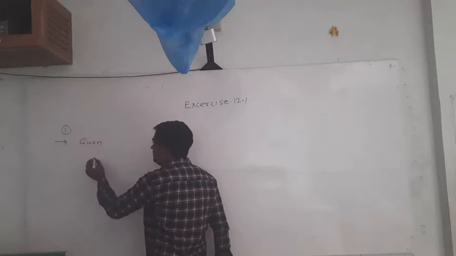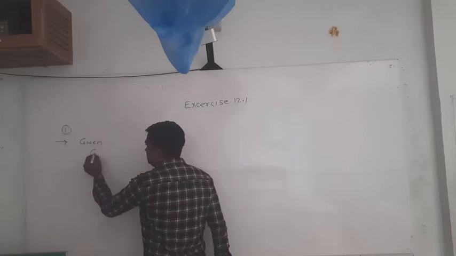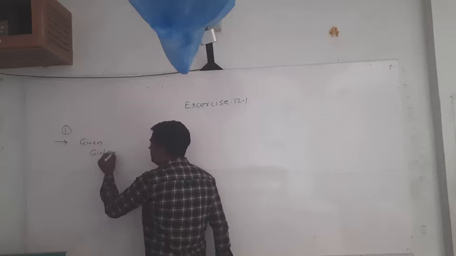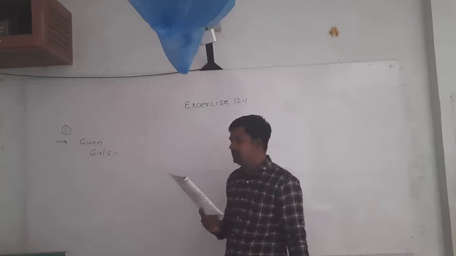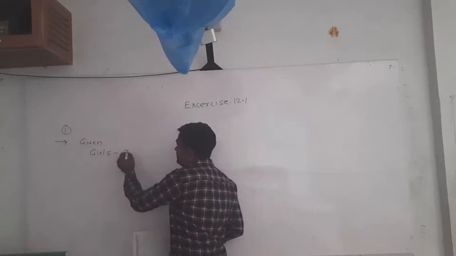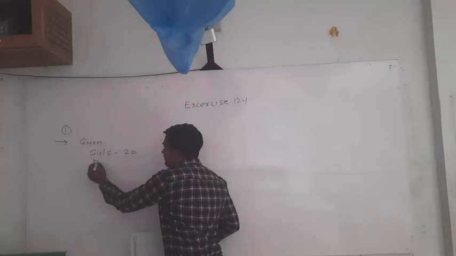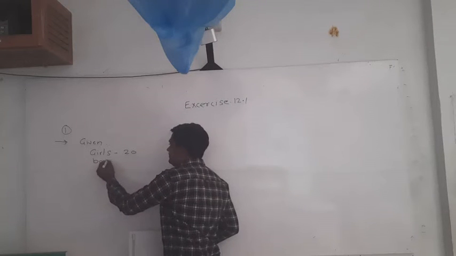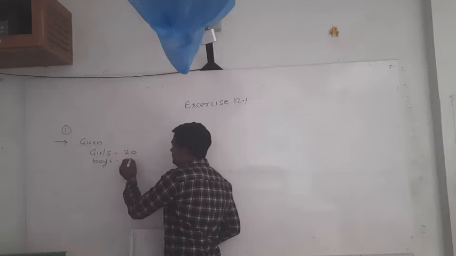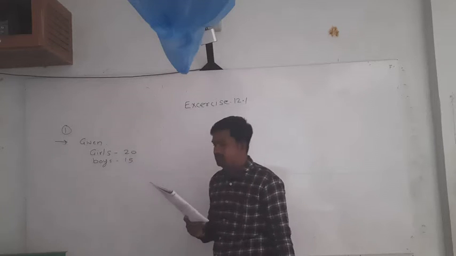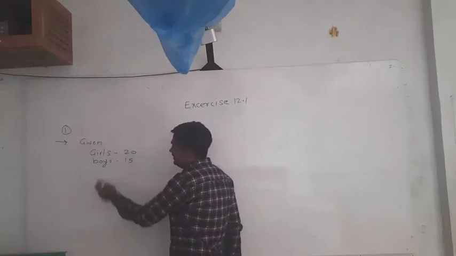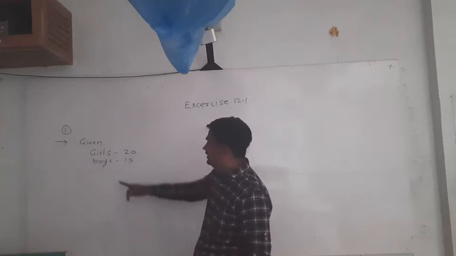Which is given there? Girls. How many girls are there? 20 girls and boys 15. Yes. So first write the given. How many girls? 20 girls.